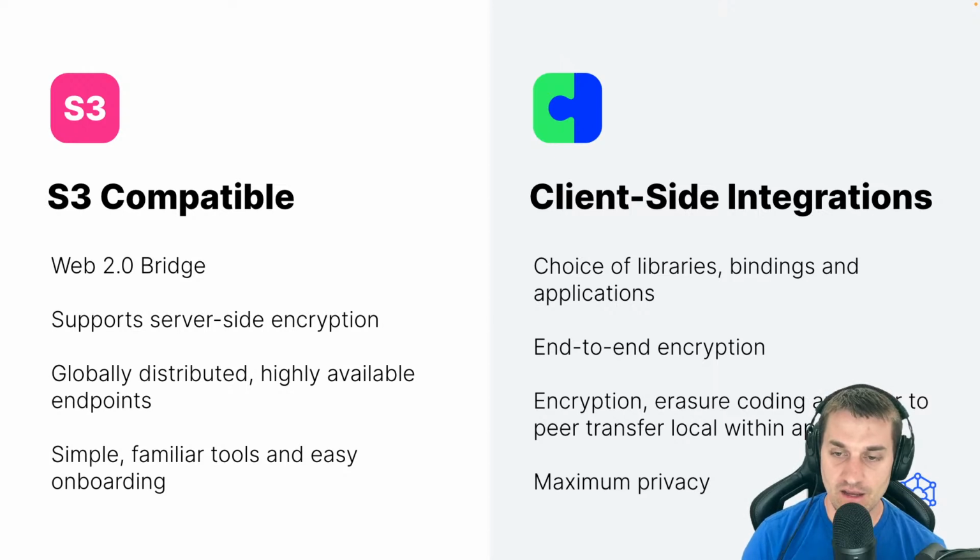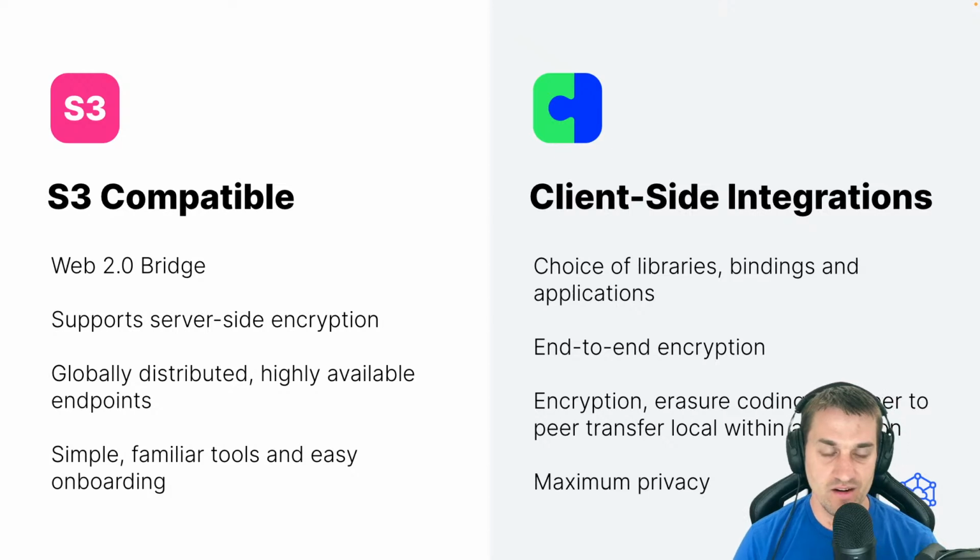And if any of our node operators go offline, we are able to repair that file and redistribute it throughout the network. And since we are not centralized in a single country, you can have peace of mind that your data is safe, it's available, and it is multi-region.